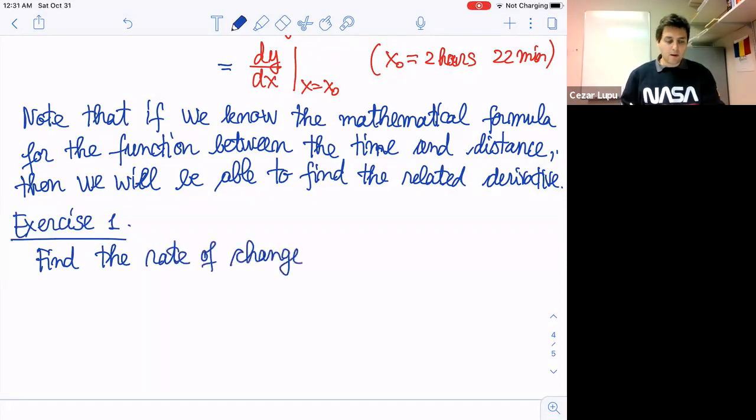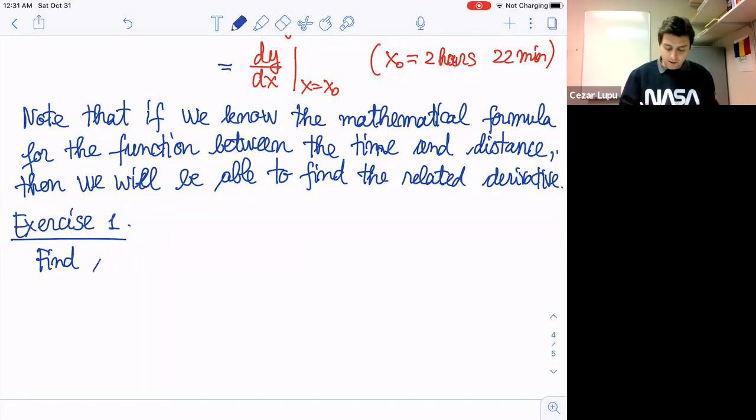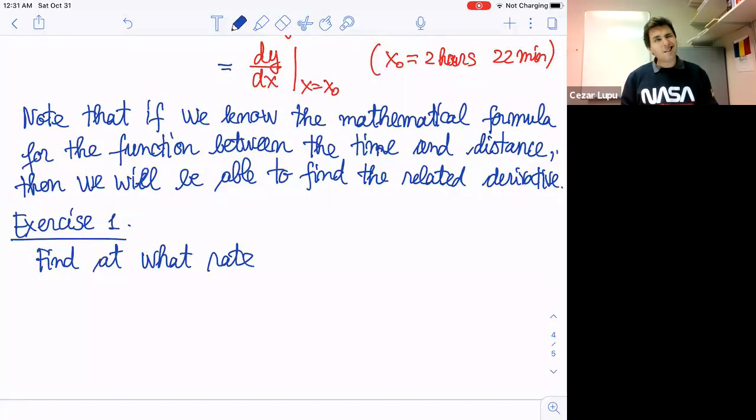Well, this is easy. Or maybe let me find at what rate the function, let's just say y equals x squared sine of x.